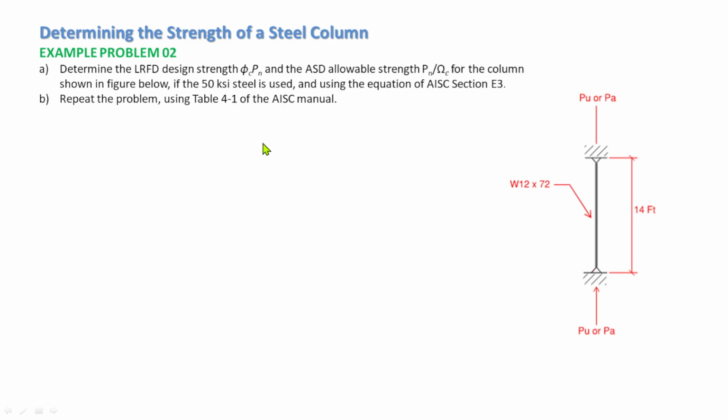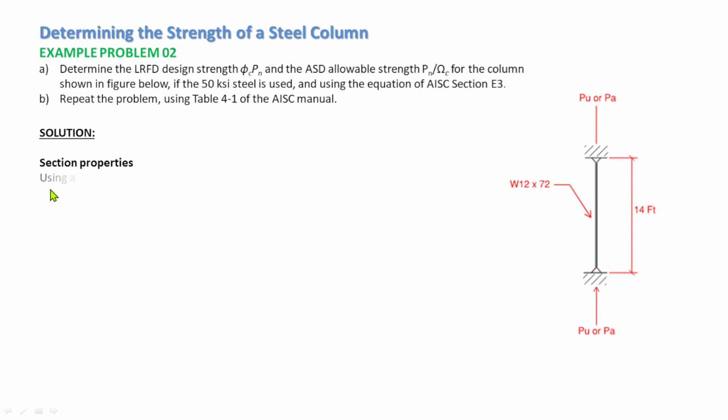So here, let's get started with the solution of A. For the column, we have a pin-end support condition, and we are using a W12x72 profile. The height of the column is 14 feet.